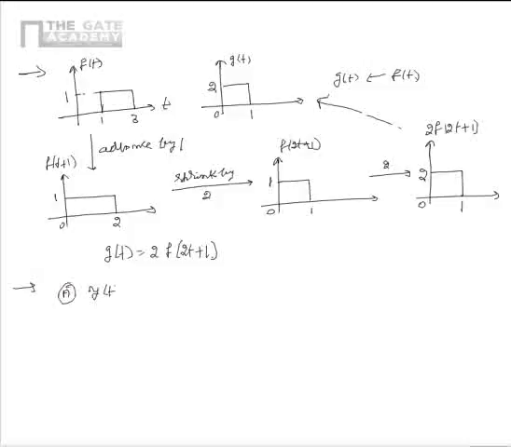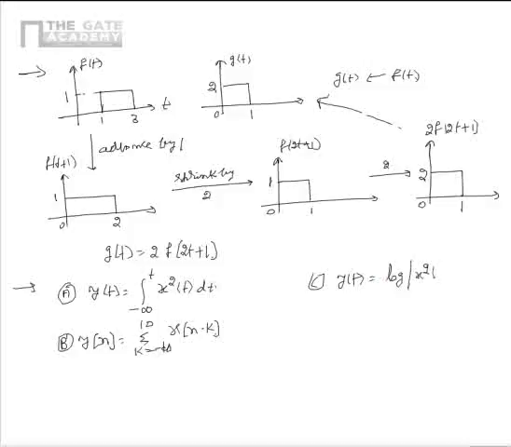The option A is y of t is equal to integral minus infinity to t x square of t dt, and option B is y of n is equal to sigma k equal to minus infinity minus 10 to plus 10 x of n minus k, and option C is y of t is equal to log of mod of x square of t plus x of t minus 1, and option D is y of n is equal to sigma k equal to minus infinity to n x of n minus k.